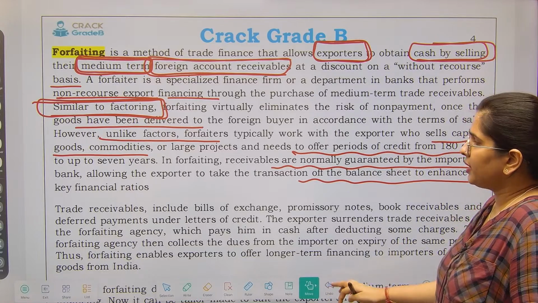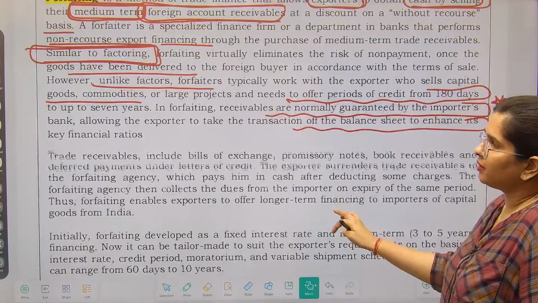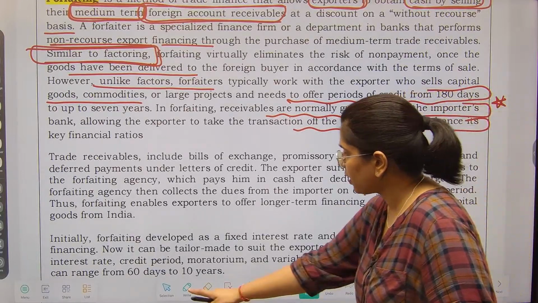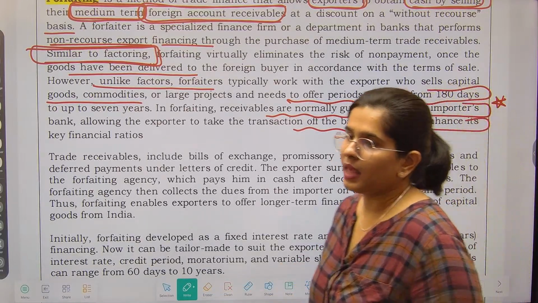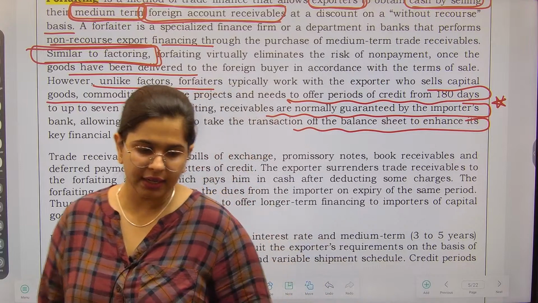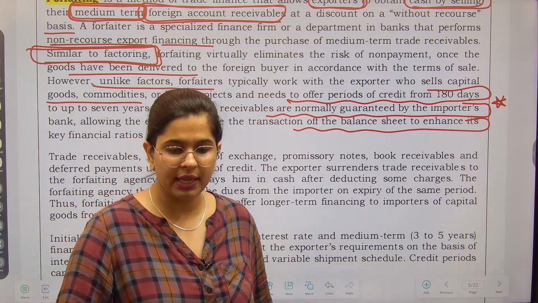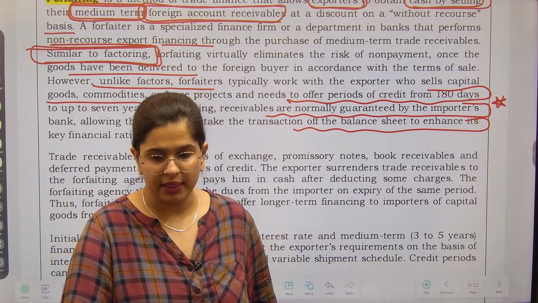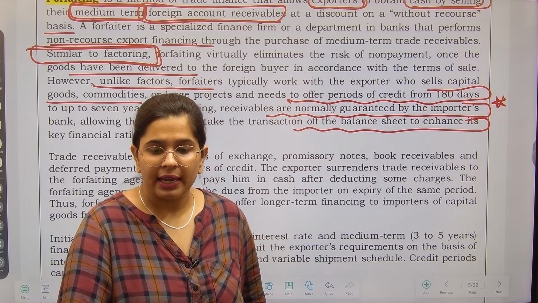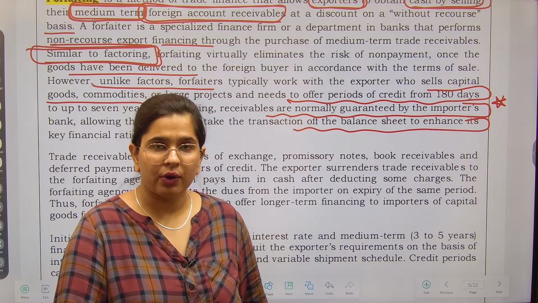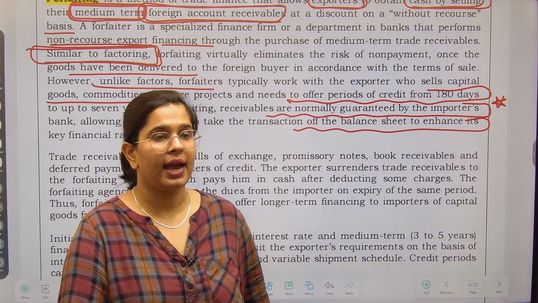So let's talk about the differences over here. Basically, forfeiting is a tool for the exporter. Number one thing. Apart from that, it is available on a without recourse basis. Why? I'll tell you.